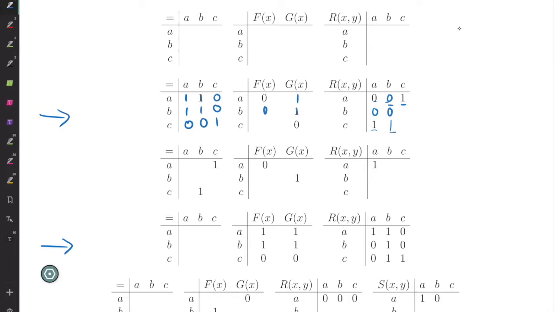And the same thing up here, if I know what RAC is, then I should know what RBC is. But do I have any information about RCC? No, I don't. So that's going to be a question mark, because we can't work it out from the info we've been given. And same for FC, we don't have enough information.